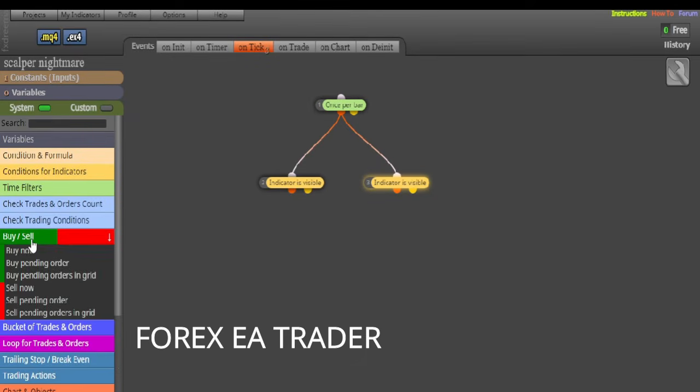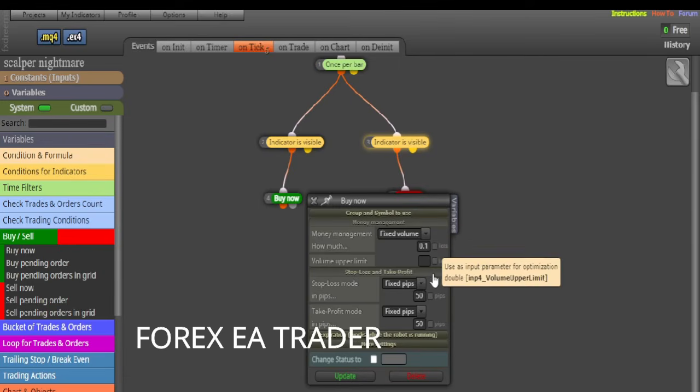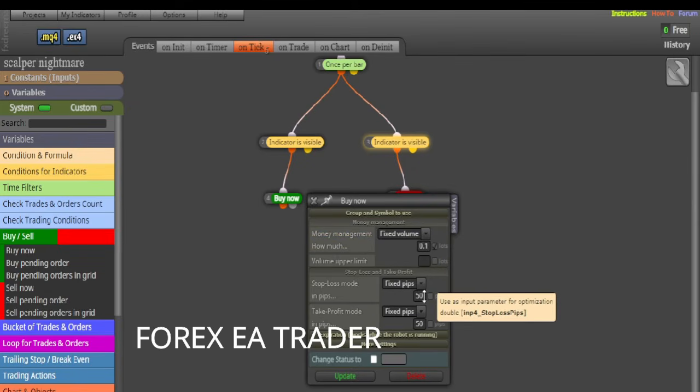We are then going to come here to our buy block and our sell block, and we're just going to link them. We double click and go in them, and we fix our volume, whatever lot sizing you want the robot to take.